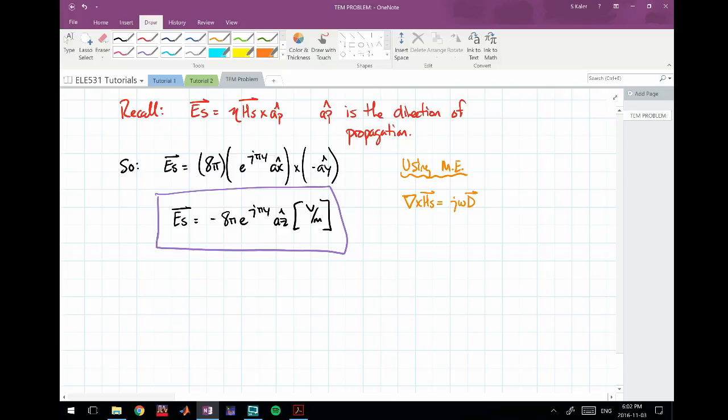Because it's in the frequency domain, it's just the derivative of d. And the reason I'm doing it this way is because it's free space. There's no current flowing, right? So what I can do is take the curl of H and equate it to d. Let me just write it here and simplify it even further for you. And this will be j omega d equals epsilon e, right? And so I can just take the curl, divide it by j omega epsilon, and I should get the exact same answer.